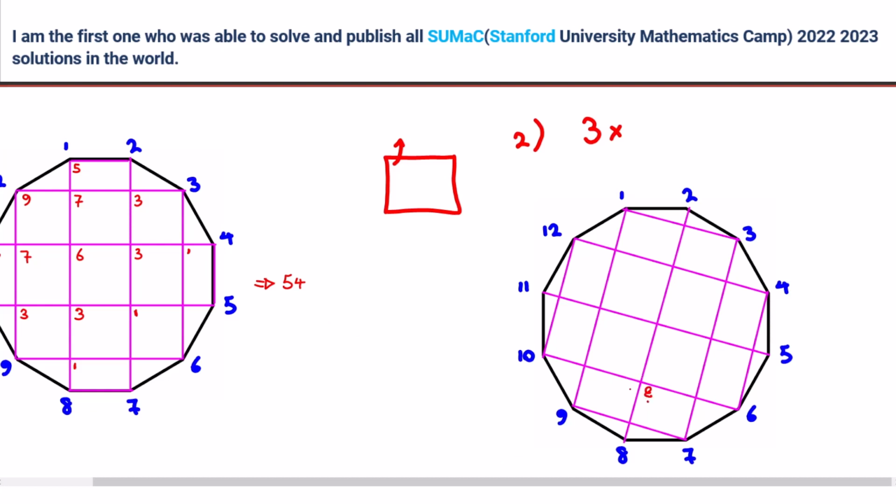This one is what? 1. Exactly. This one is what? 1. This one. 2. Yes. This one. 2. This one. 3.